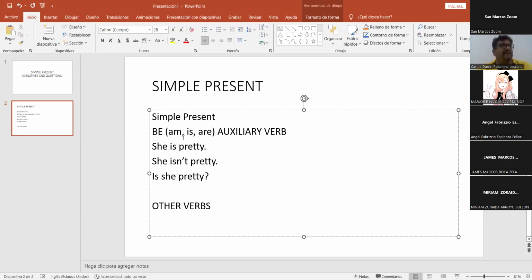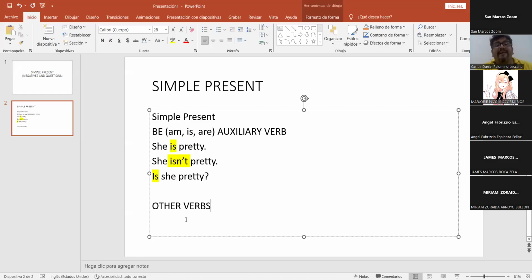Se llama reducida, ¿por qué? Porque trabaja como verbo, es el verbo ser, ella es bonita. Y también trabaja como auxiliar. Él se autoauxilia para poner la negación al lado. O se mueve al inicio delante del sujeto para poder hacer la pregunta. She isn't pretty. Is she pretty? ¿Te das cuenta? Se mueve, se autoauxilia.